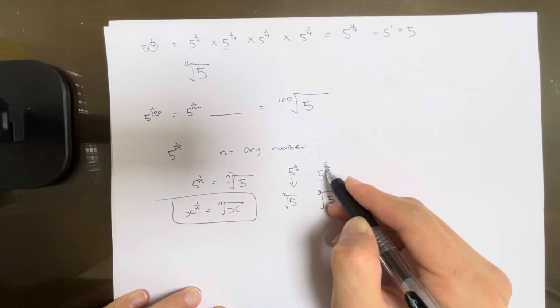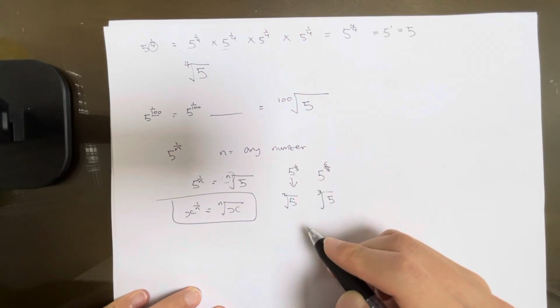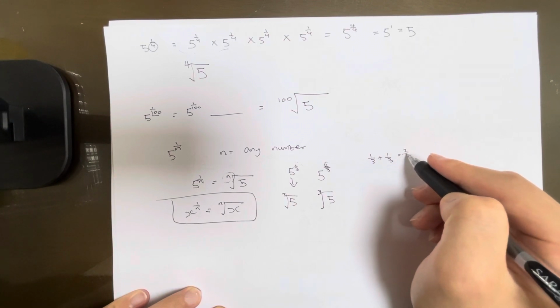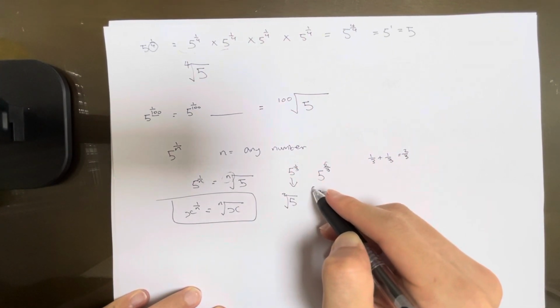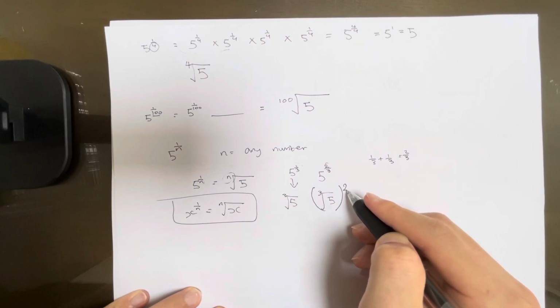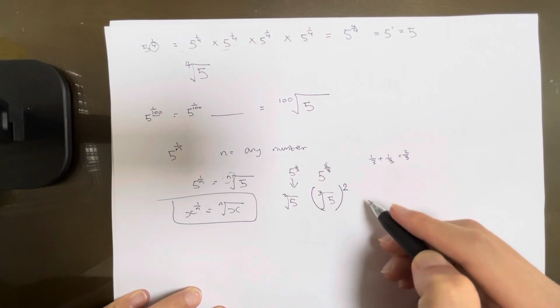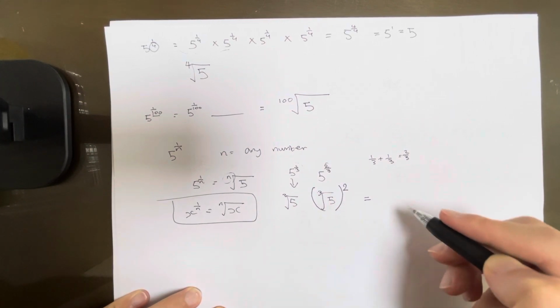But this 2, what does a 2 mean? We have 2 of these, right? 2 of these 1/3, because 1/3 plus a third is 2/3. So it's probably 2 of these. So we could do this, and we could square this, can't we? Because 5 to the power of a third is the cube root of 5.